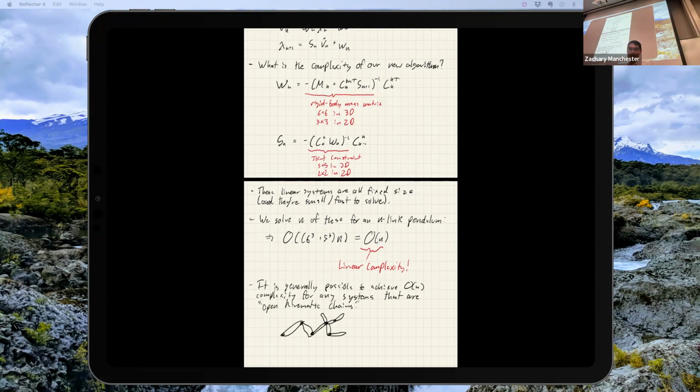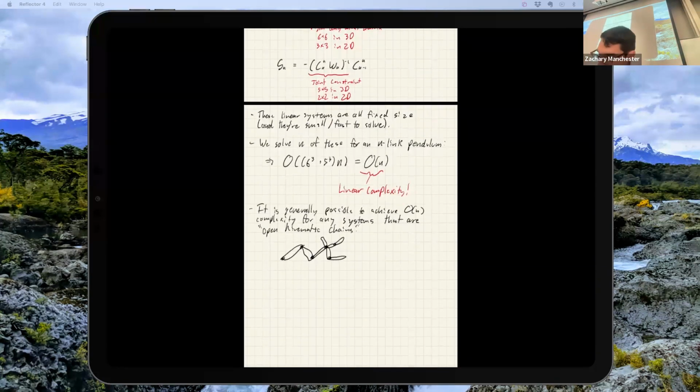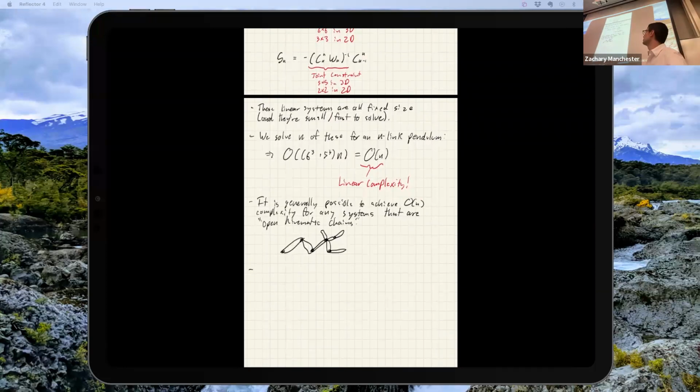So this is totally illegal. The only thing we can't have are closed loops where one of these guys comes back around and hooks back up to a parent. And we'll show you why that's a problem.